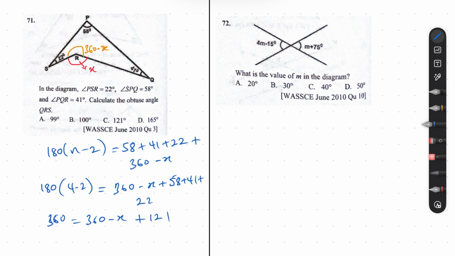When we simplify, we realize that x will add up to give us 121, because this 360 will cancel the other 360, and then x comes to this side. Then we have x equal to 121.